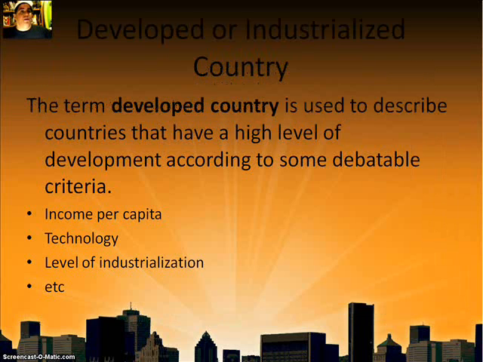And if you take a look at developed countries, we are a developed country, and it was more difficult to find a consistent definition for developed country. Some people made reference to income per capita, technology, the level of production, industrialization, the ratio of food production to infant mortality, and all kinds of weird things. But when we look at developed countries, we're one of them.